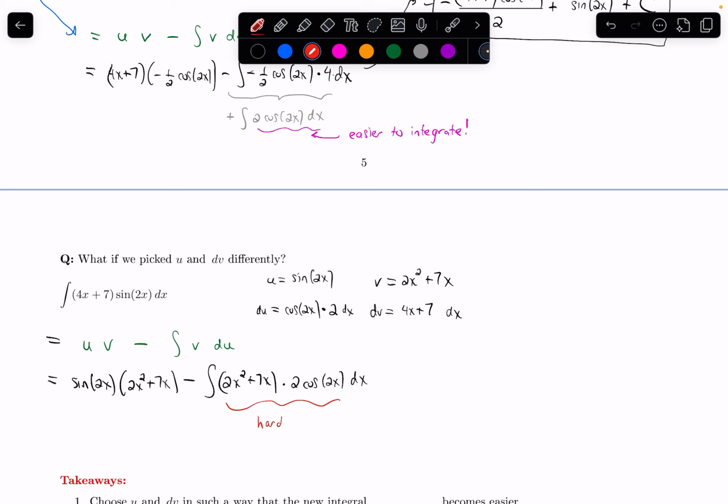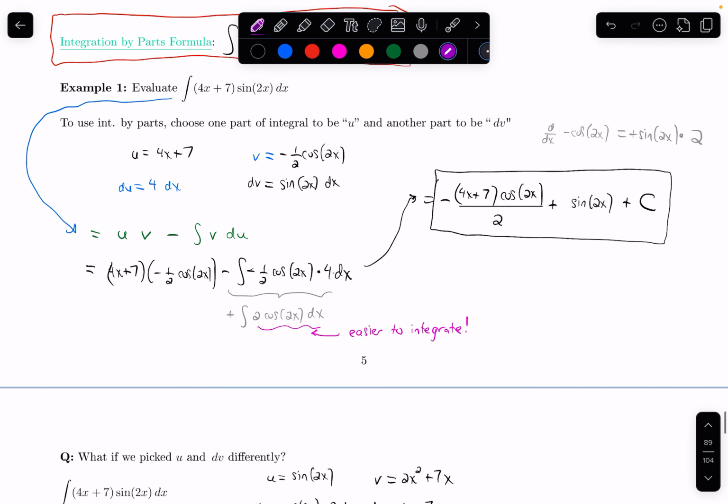So this new integral, unfortunately, is harder than the integral we started with. So I'll put a sad face. This is often a tip-off that we should choose the u and the dv differently. We shouldn't have chosen them in this way.